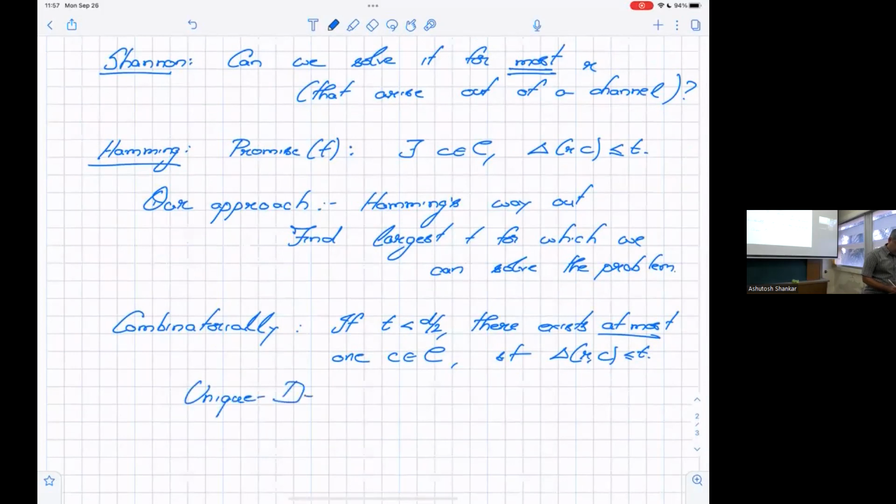So if you want to stay within unique decoding, you can ask, up to this point, can I do it efficiently?